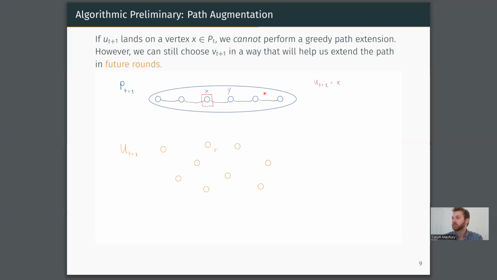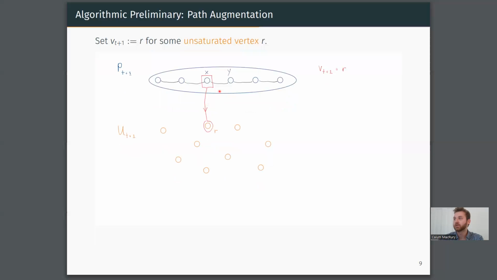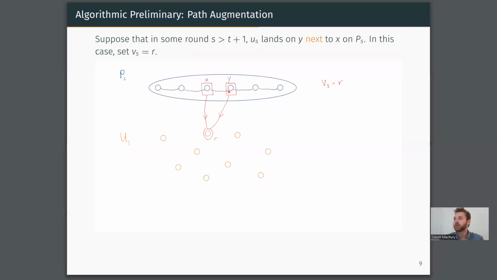Let's imagine that the randomly drawn square lands on X. At this point, we're going to connect the square to some arbitrary unsaturated vertex R. And then let's suppose that at some later round, say S, where S is greater than t plus 1, another square lands right next to X on the path. So it lands on Y. At this point, we'll connect the edge to R as well.